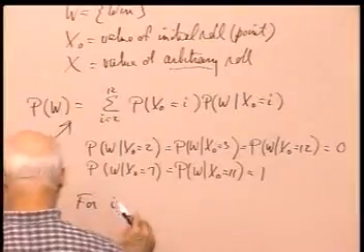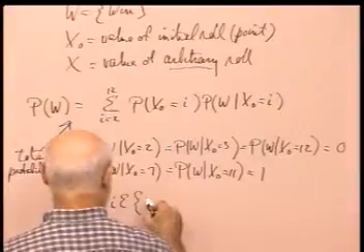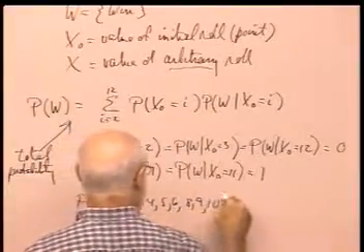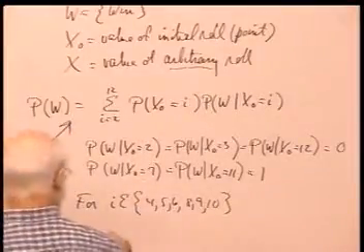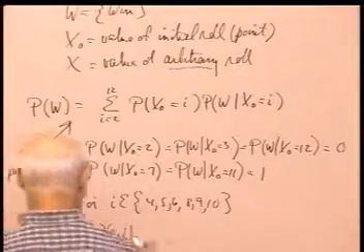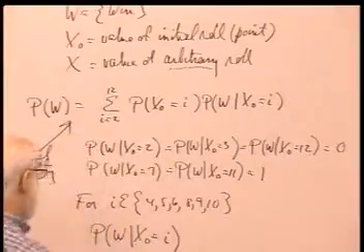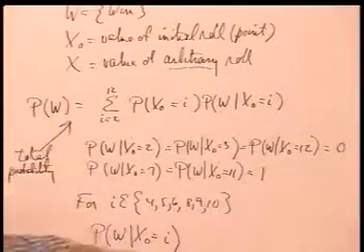For I something else, that is, I either 4, 5, 6, 8, 9, or 10, the question is, what's the probability of winning ultimately if X0, the initial roll, is I, where I is not something that either loses or wins the game, but is what we're going to call the point?